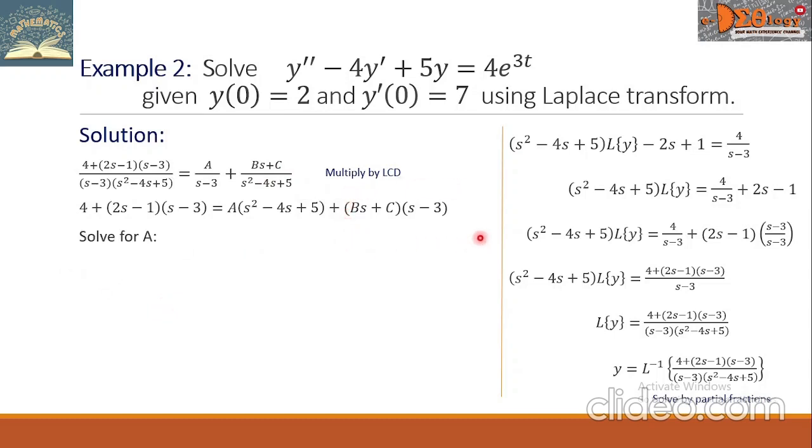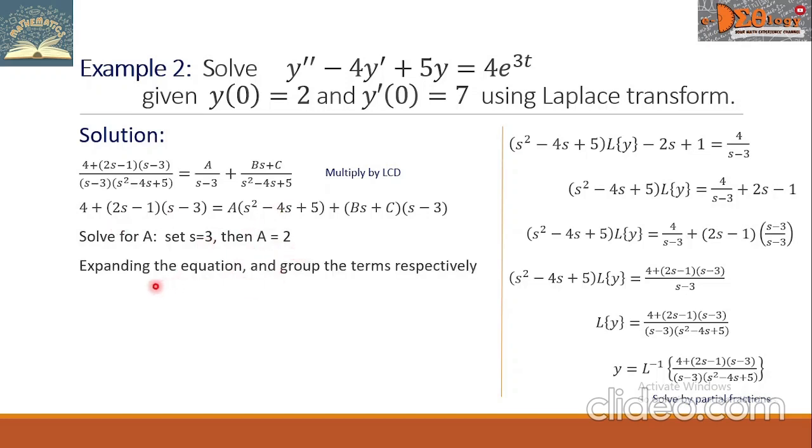Look here at the second product with variables b and c. There is a factor with s minus 3. To eliminate this b and c, let us set s to be equal to 3. Meaning, all the s we will change by 3, then we will get the value of a equals 2.